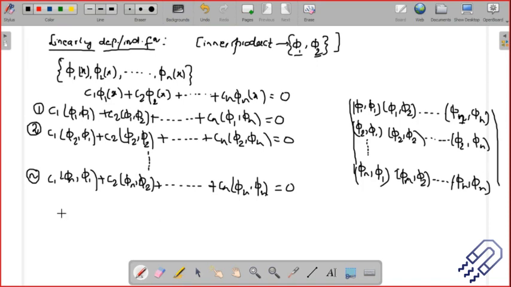Whatever terms are there within these brackets, the inner products, these are all numbers. If you remember, we did it when we were talking about orthogonality, and these are all numbers.